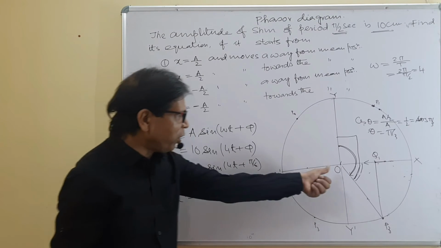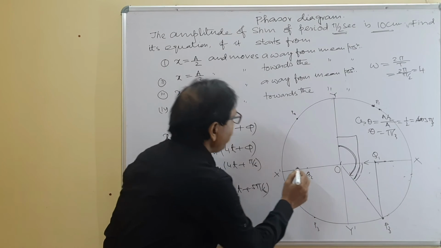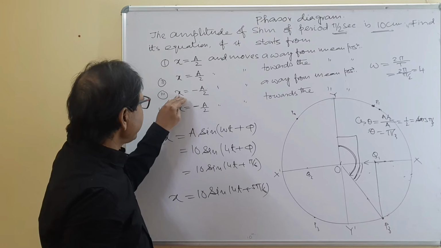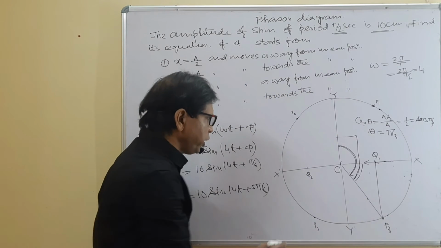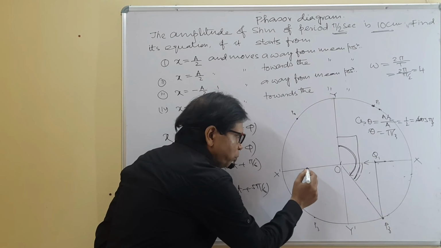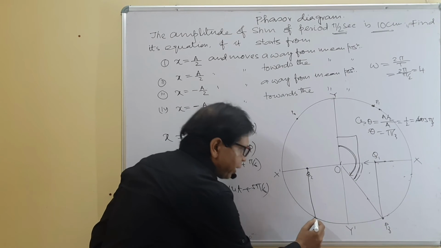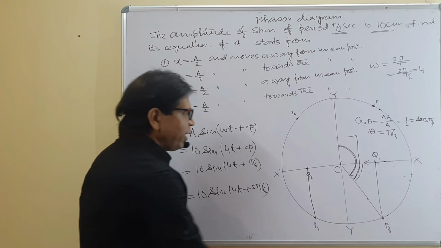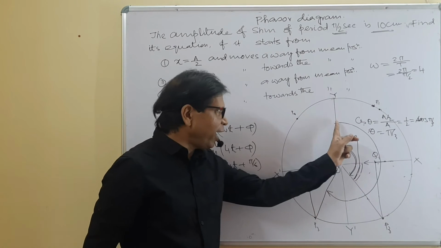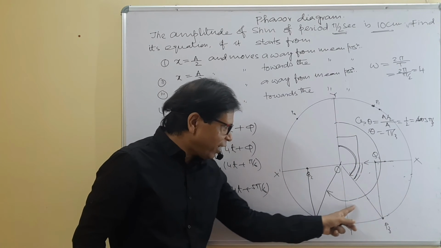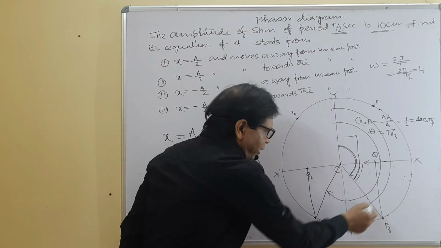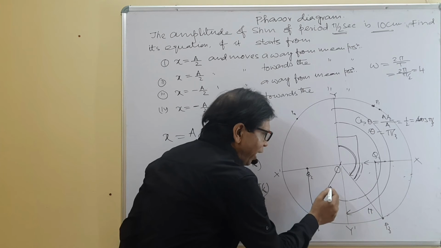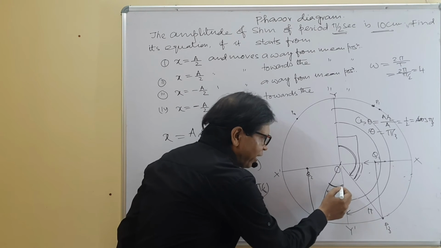In the same way, if the particle starts from x equals minus a by 2 and moves away from the mean position, the instantaneous position of the particle is like this. So what is the initial angle? This angle is the initial phase. This angle is pi plus this angle.